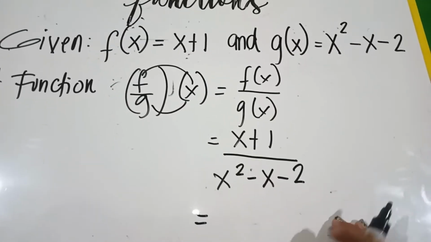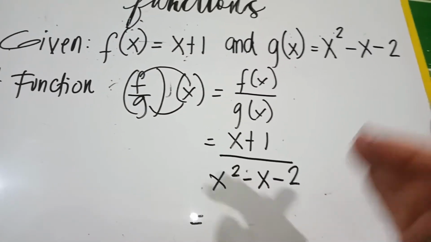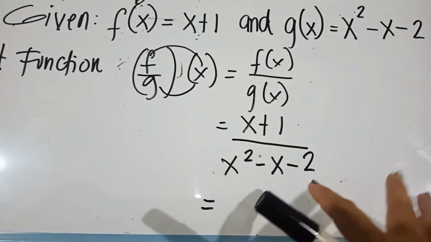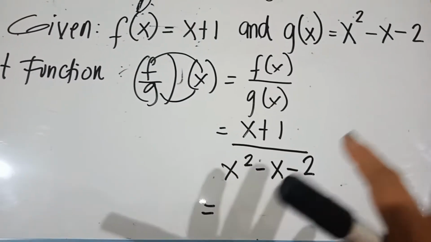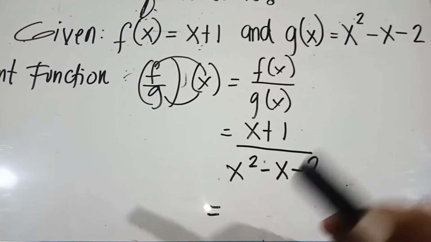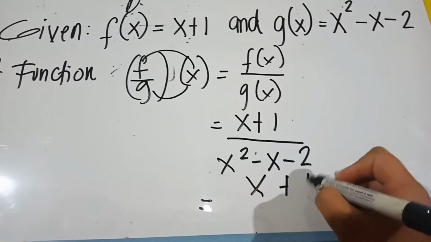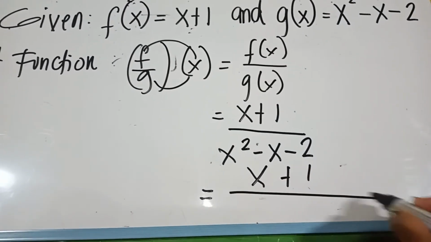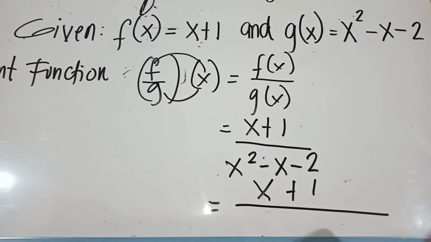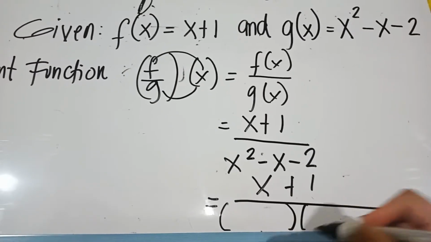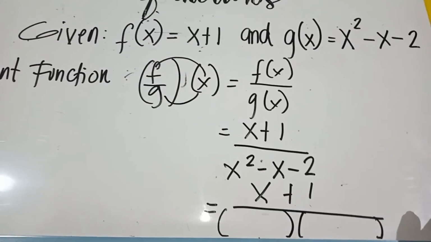So, ang gagawin natin, dahil hindi tayo pwedeng mag-divide ng binomial to the perfect square trinomial, we are going to find the factor of the denominator. So, just copy x plus 1 and then divided by, so kapag nagpa-factor tayo, ang ibig sabihin yan, na dalawang number na kapag minultiply mo ay ganun ang magiging result.